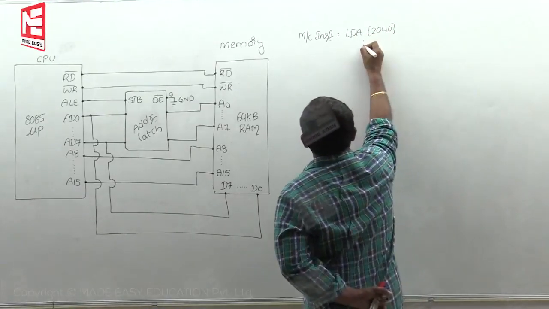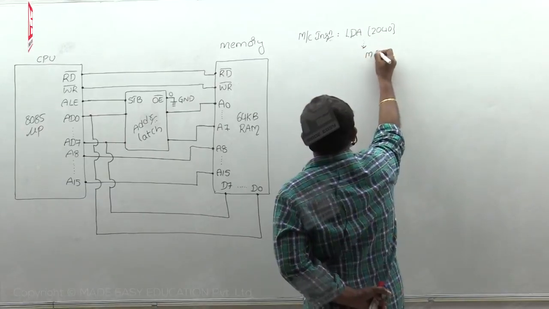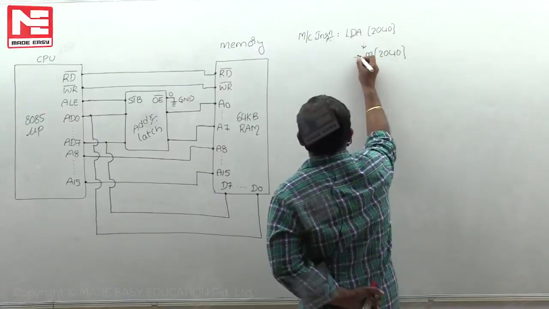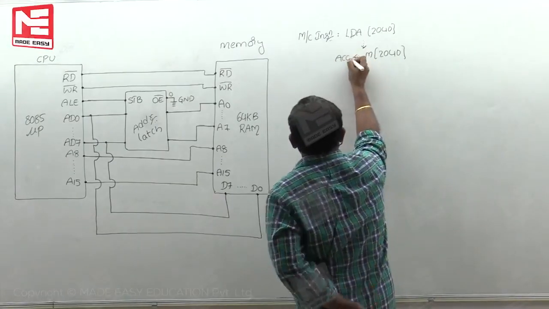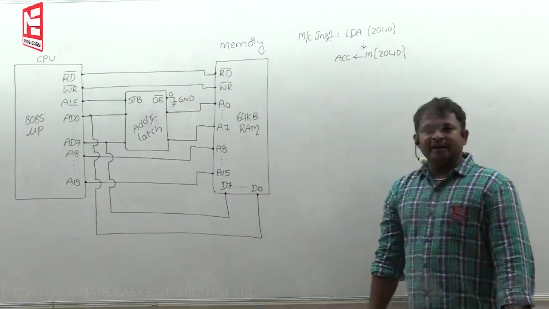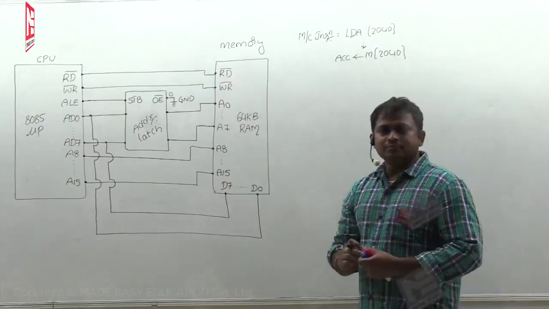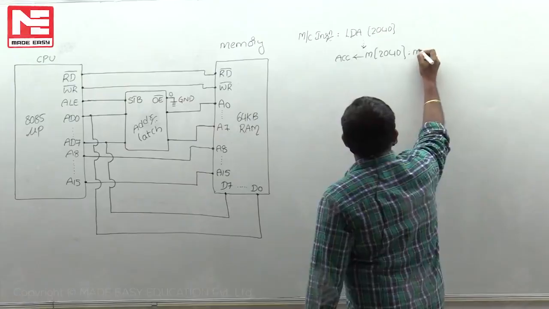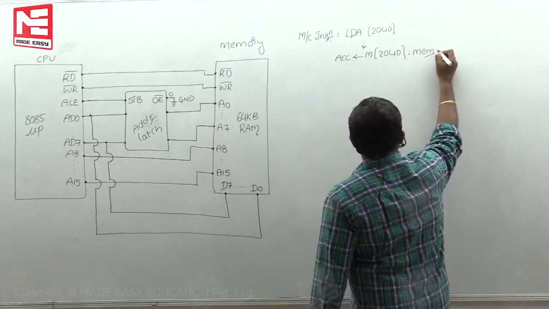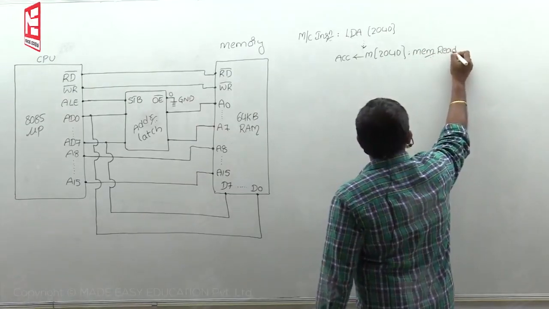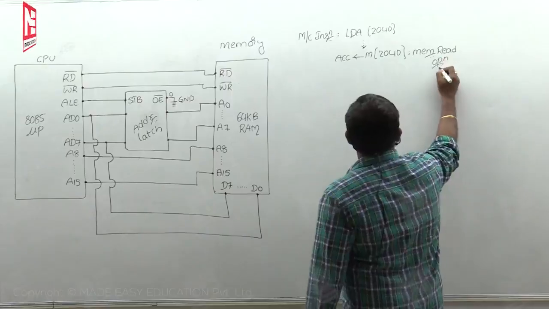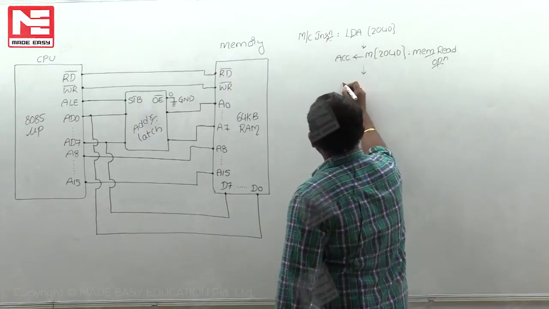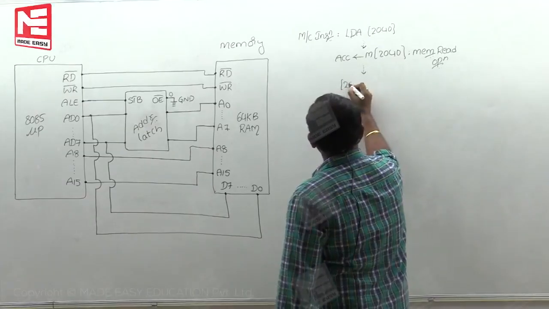The meaning of this instruction is that the memory content of 2040 is transferred to the accumulator. It means reading the data from the memory and sending it to the accumulator. So this is nothing but a memory read operation. Now after interpreting the instruction, the CPU immediately prepares the request.